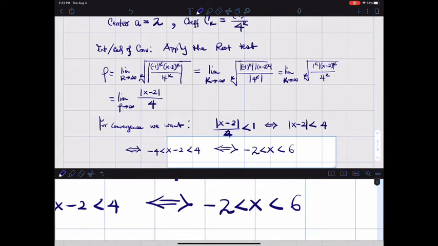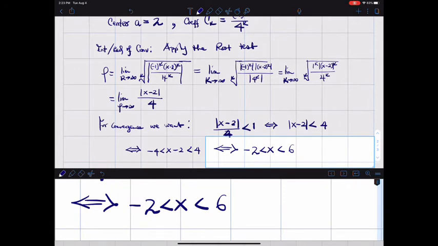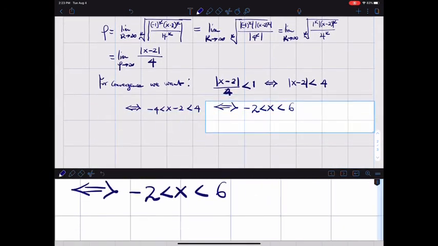Okay. So now we have our interval of convergence.